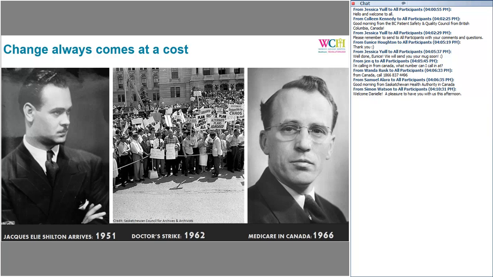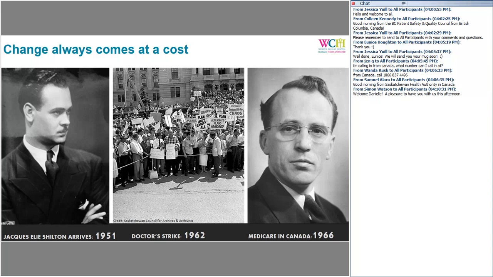And to give you a sense of what that battle was like in the early days in Canada, I've included 2 other photographs on the slide. On the far right-hand side is Tommy Douglas, who was the Canadian Premier who first brought in universal health insurance in the province of Saskatchewan, and who went on to help participate in its expansion across the country.